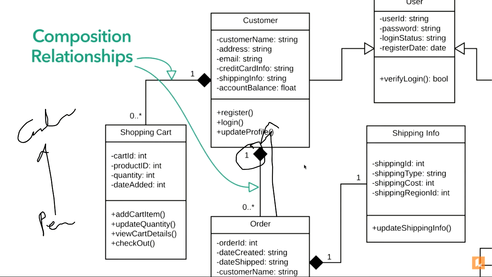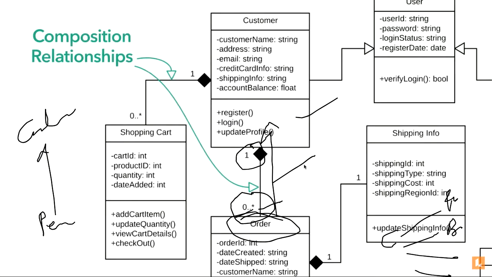And if you are reading this, it means customer has 0 or more than 0 orders. A customer can have an order for a pen, a customer can have an order for a book, as many orders as he wants to place. So a customer can have many orders, but every order will have one customer only. That is what is meant by multiplicity. That is how multiplicity is acting here.